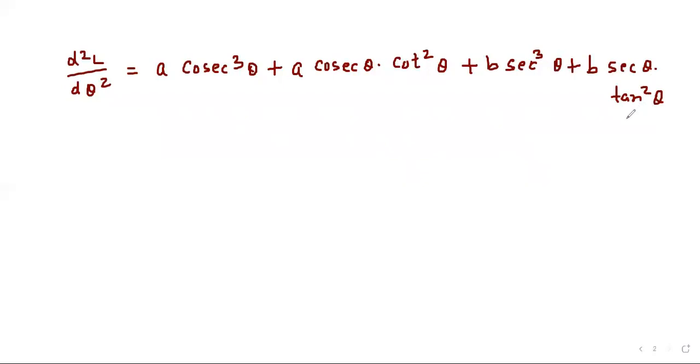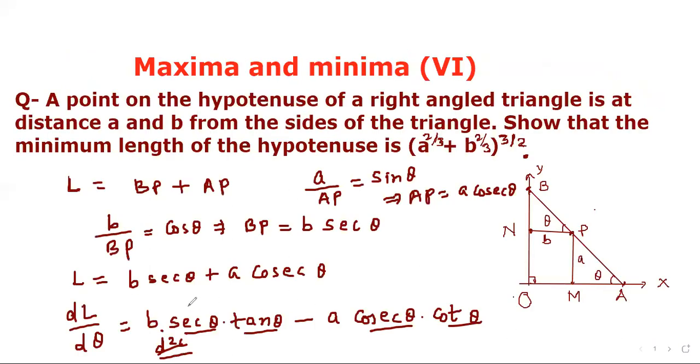Now, for maxima or minima, for the extreme value of L, dL upon d theta must be 0. So dL upon d theta is B sec theta tan theta minus A cosec theta cot theta.